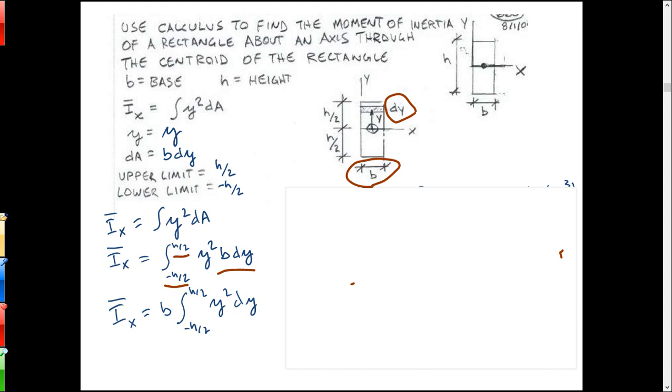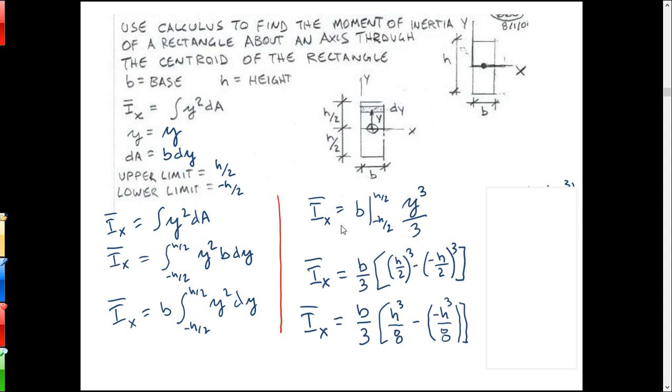So that's what we're up to. And the rest of it is just running the calculus there, kind of step by step. Okay. So the integral of, I'll pull the b out because it's a constant. So b times the integral of y squared dy. And that'll be y cubed over 3, right?